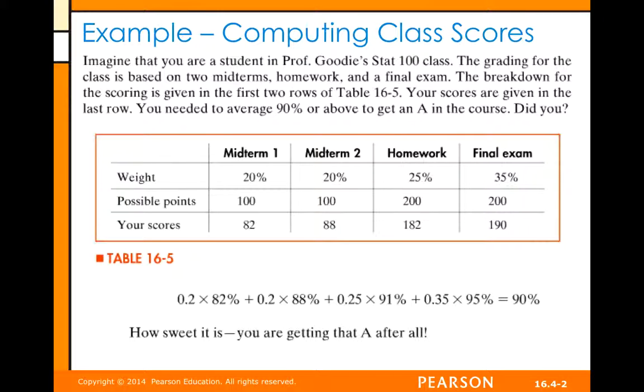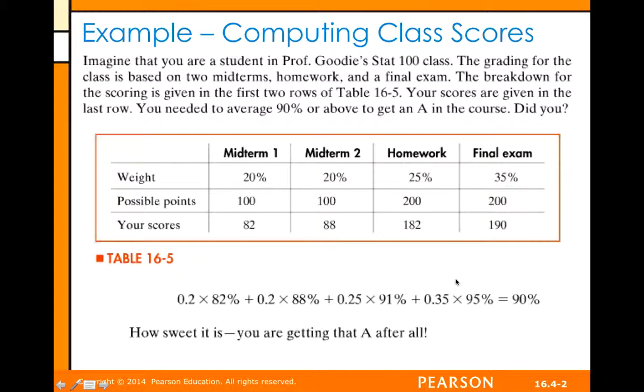When you do all the addition here, you end up with a 90%, which is an A, or in our case, an A minus. I hope this is something you have done before. This is how you will calculate your grade in this course. Of course, this doesn't reflect exactly how our course works, but you will essentially compute a weighted average like this.